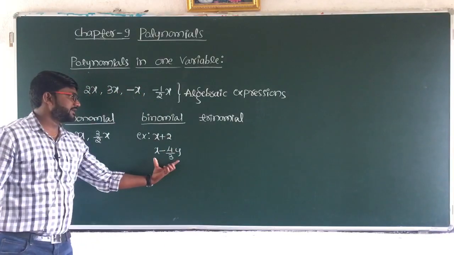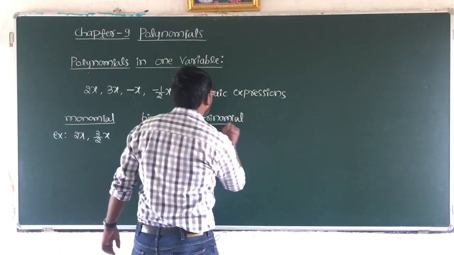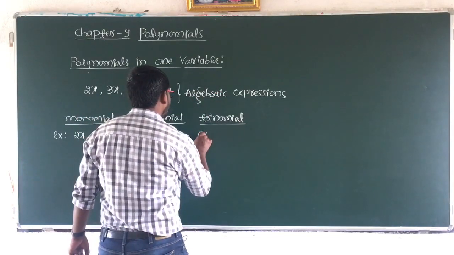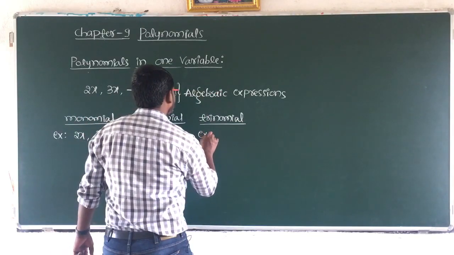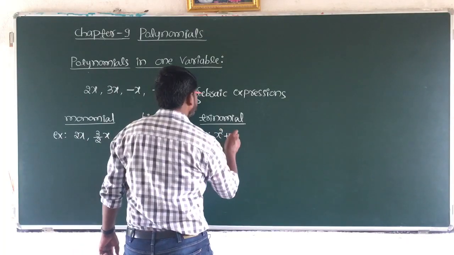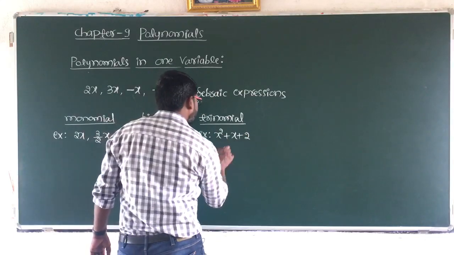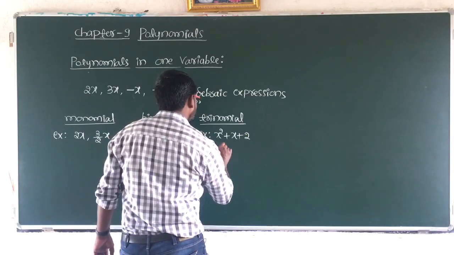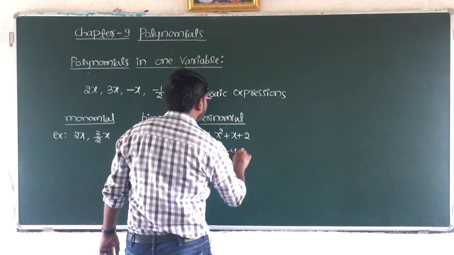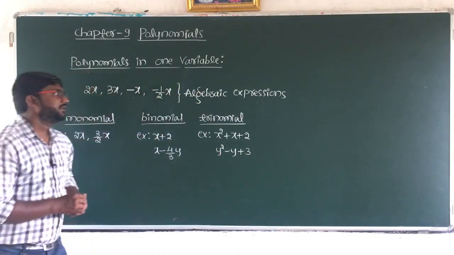And for trinomial, the examples are x square plus x plus 2, and y square minus y plus 3.